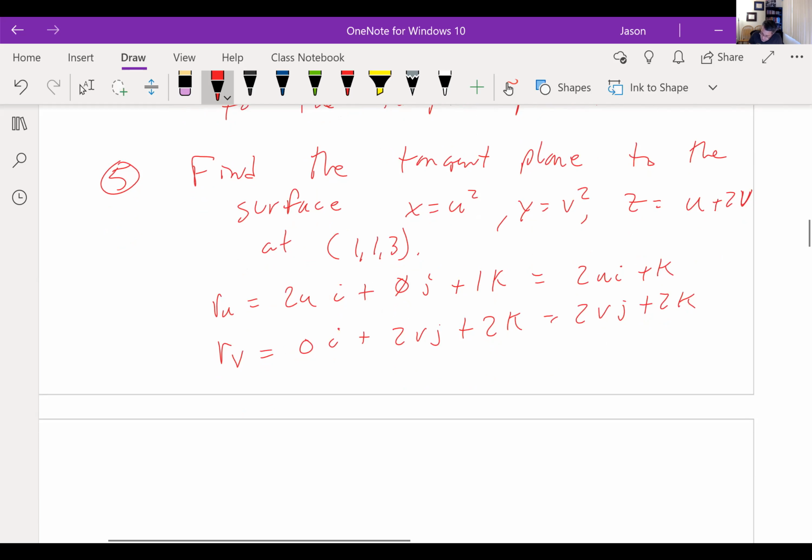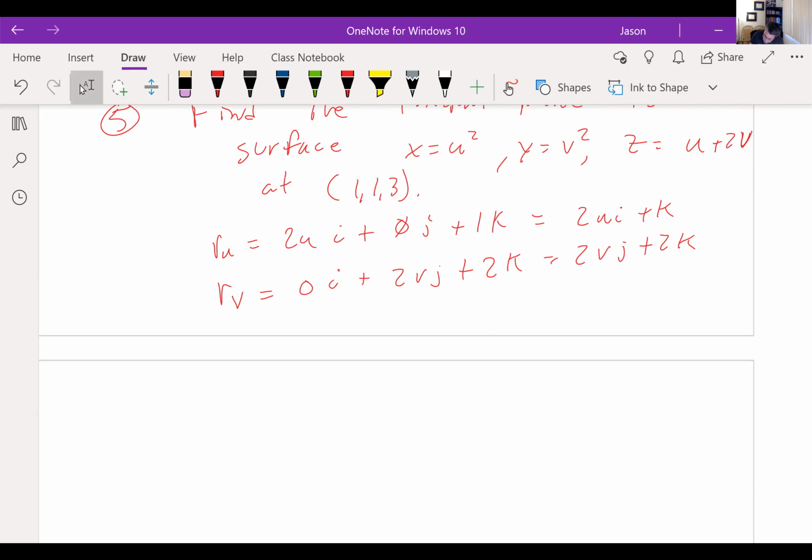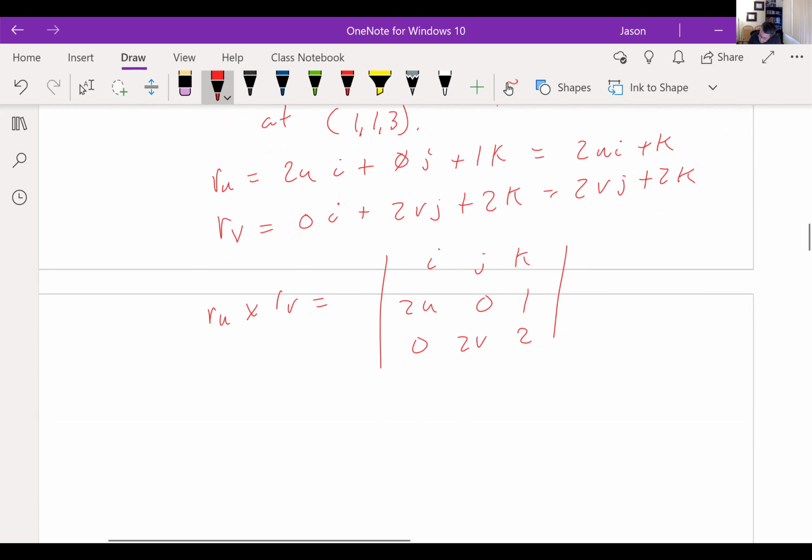Okay, so let's do the cross product r sub u cross r sub v, with rows i j k, 2u, 0, 1, and 0, 2v, 2.